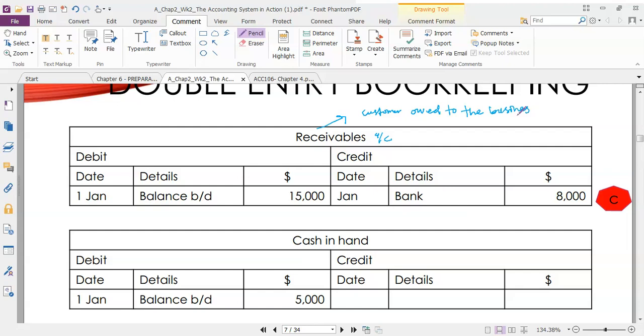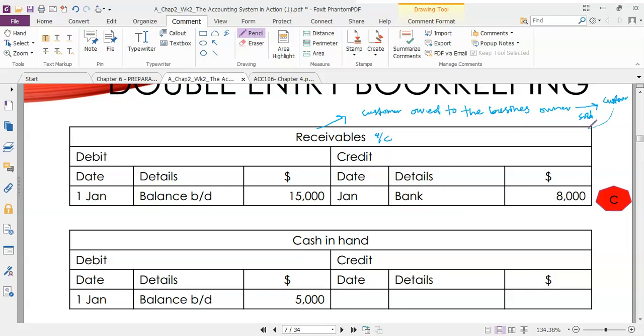Account receivable means that the customer owed to the business. For example, business owner jual barang. The owner sold goods to the customer.